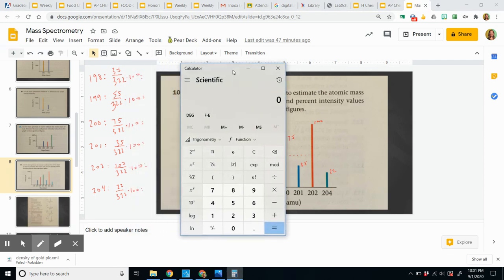So we have 35 divided by 322. And you know what I just realized? I'm multiplying all of these by 100 just to move the decimal place back and change it from a percent to a decimal. So I'm going to just write the decimal. 0.109.